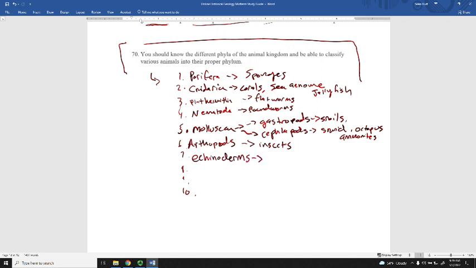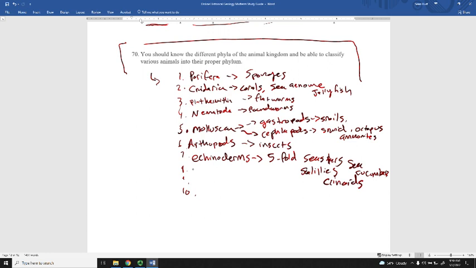Those are things with five-fold symmetry, like sea stars, sea lilies, brittle stars, things like that. Also sea cucumbers. Crinoids as well are types of echinoderms.